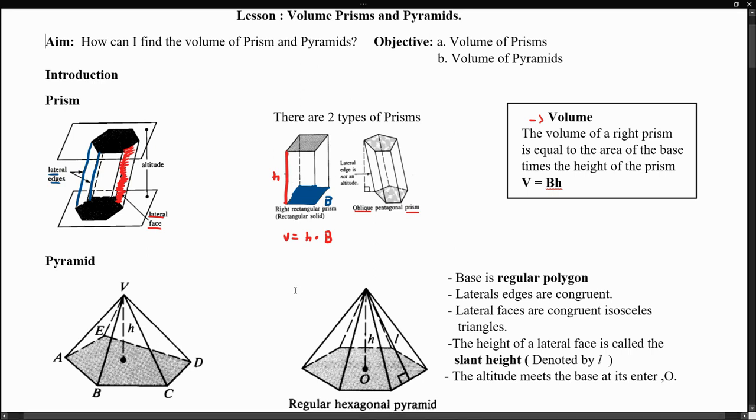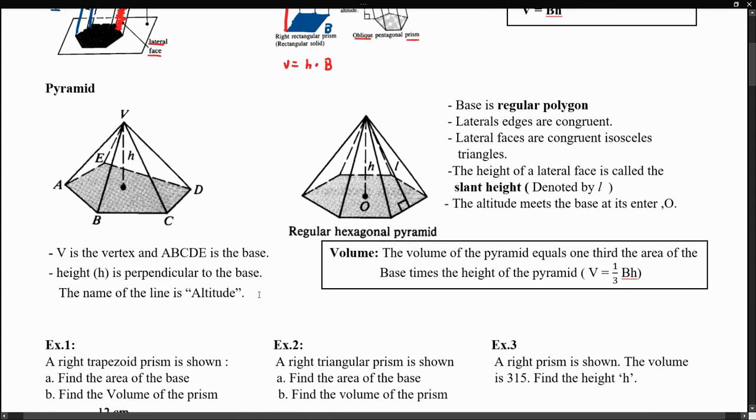Now, the second figure that we're going to be discussing is a pyramid. A pyramid is created whenever we have some kind of polygon. It can be any polygon.